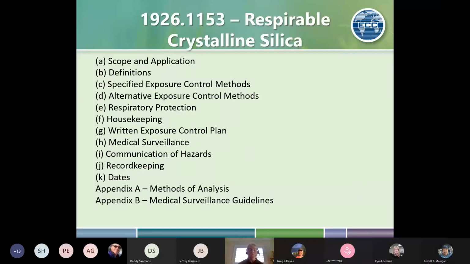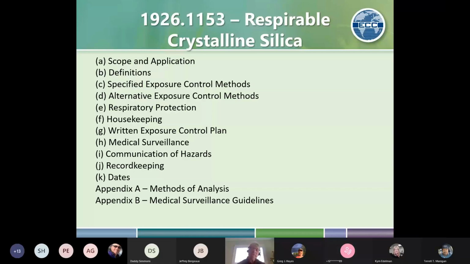This is the outline for the rest of the standard. I'm not going to get into all these sections in a lot of detail. We're going to touch on some of them, but it has specific exposure control methods, which most OSHA standards do not. Most OSHA health standards say, here's your target, here's your permissible exposure limit. You need to use engineering controls to prevent exposure above that, but they don't tell you actually how to do that, what the control measures need to be.